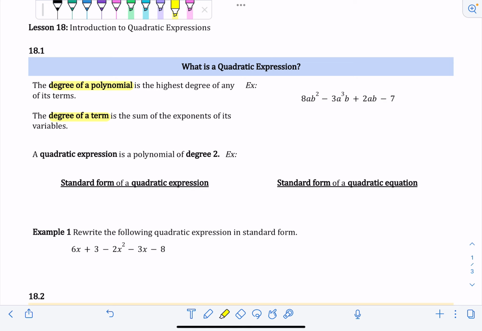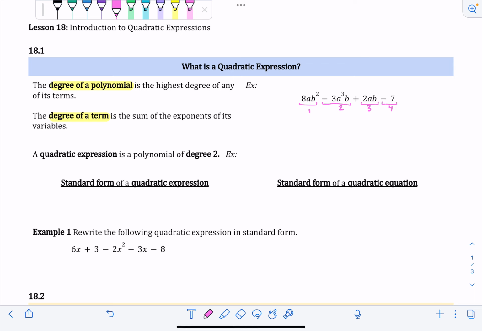There's this example polynomial on the right side over here. This polynomial has 1, 2, 3, 4 terms. It's the 8ab squared, the negative 3a to the third power b, 2ab, and then negative 7. Those are the 4 different terms.